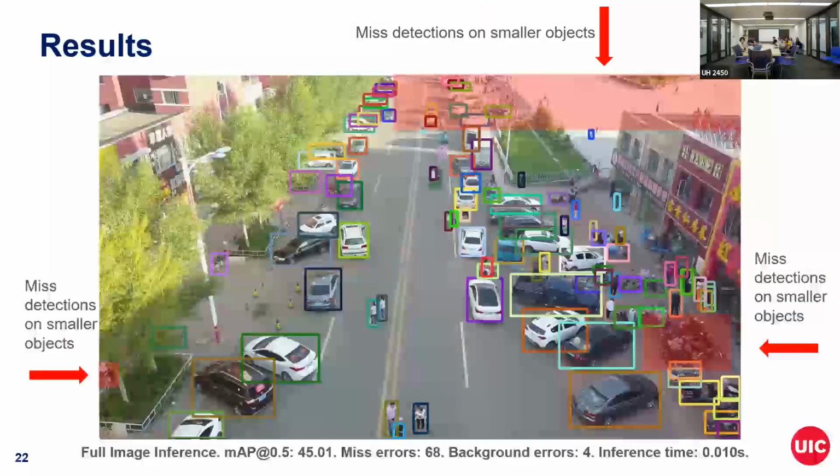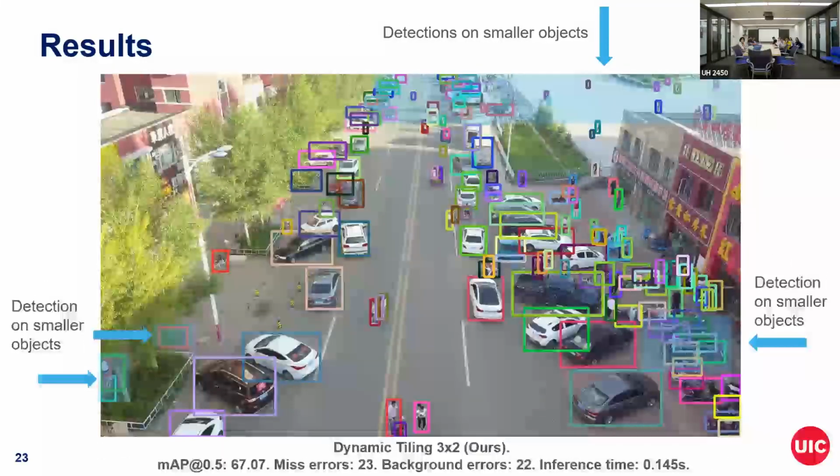If we put the whole image into a model, here's what we get, which also misses objects across the image. However, with our dynamic tiling approach, we can recognize even smaller objects up there and all the vehicles down here and there.